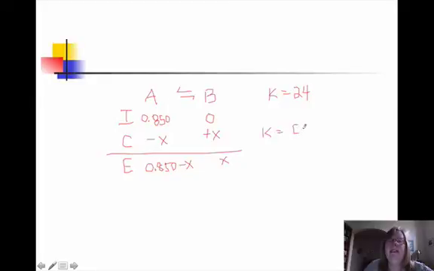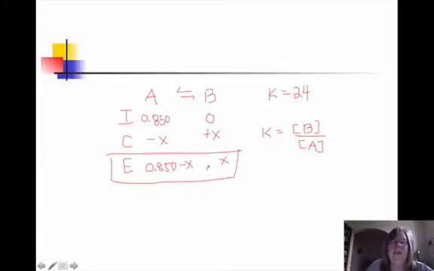K is equal to the concentration of B over the concentration of A, and these concentrations are the equilibrium concentrations. All right, so K, 24, concentration of B at equilibrium is X. The concentration of A at equilibrium is 0.850 minus X.